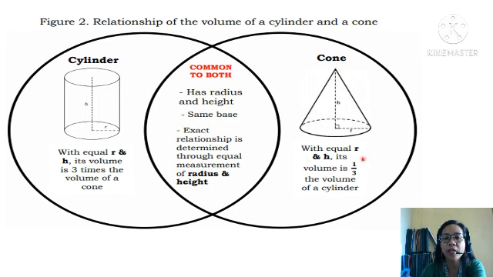So, with equal radius and height, the cone's volume is 1/3 the volume of a cylinder. And the cylinder, with equal radius and height, has a volume 3 times the volume of a cone. This means three cones of the same size and height as this cylinder will fit in it when we fill it with water. The exact relationship is determined through equal measurement of radius and height.